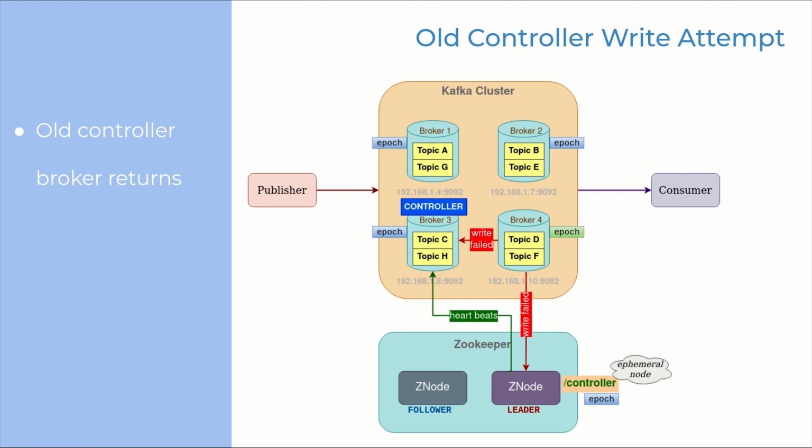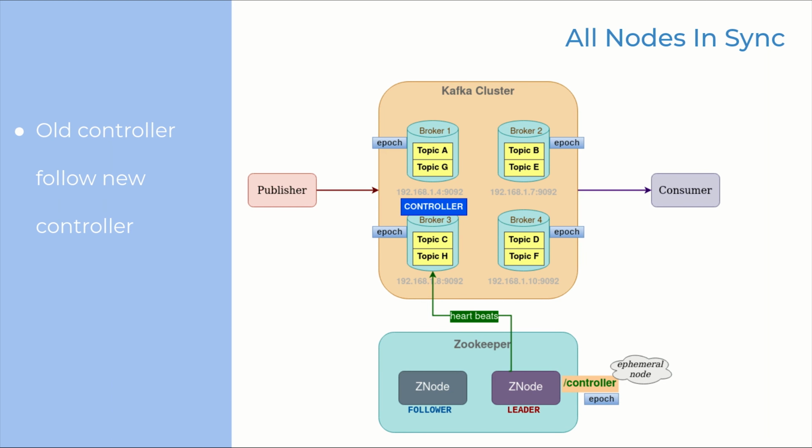The broker and Zookeeper will validate the request from the controller against the latest epoch. This is also known as a zombie write. So this broker 4 is a zombie. Since the epoch mismatches, all its writes will be declined, and when the zombie node recovers, it will start following the new controller, and after that partition rebalancing will happen according to the latest broker setup.